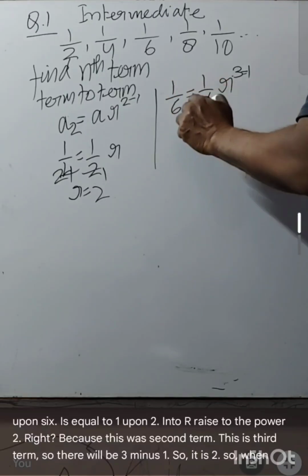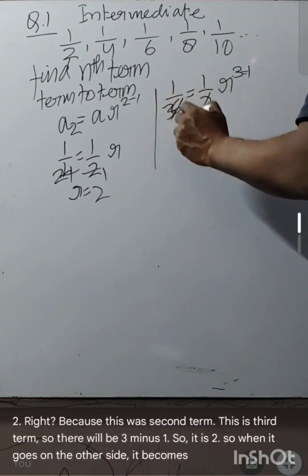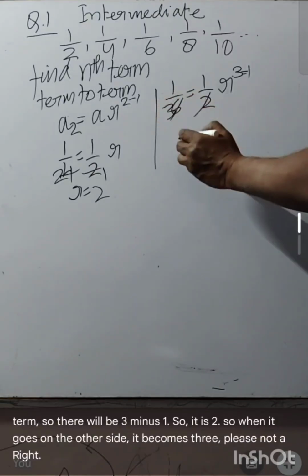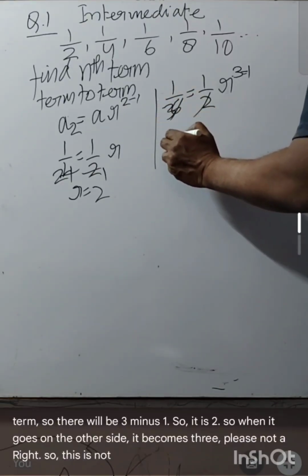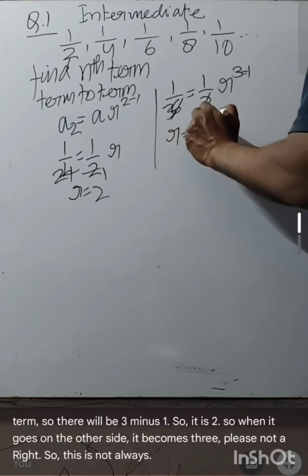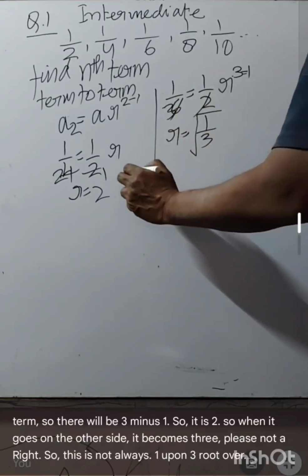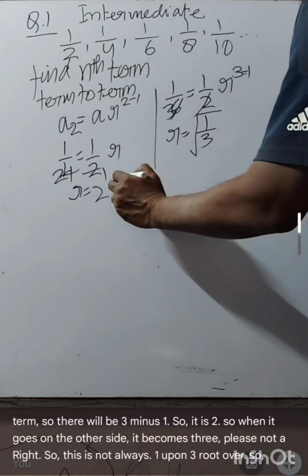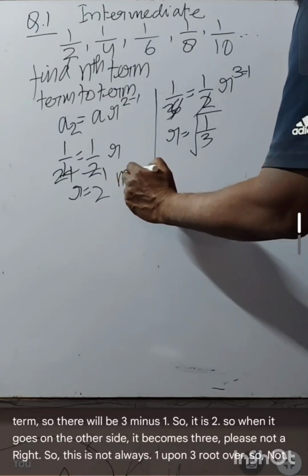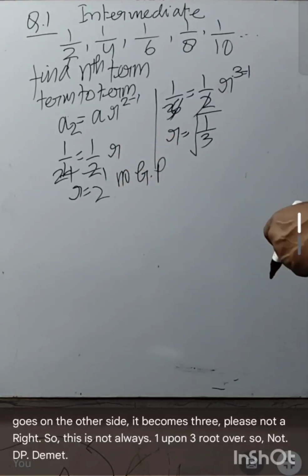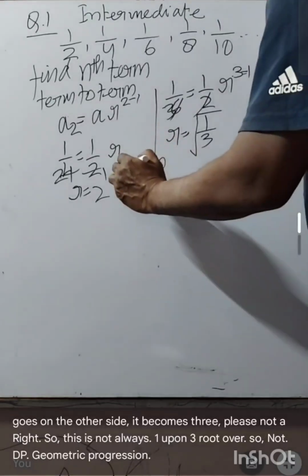So when it goes to the other side, it becomes 3. r is not the same, so it is not a geometric progression.